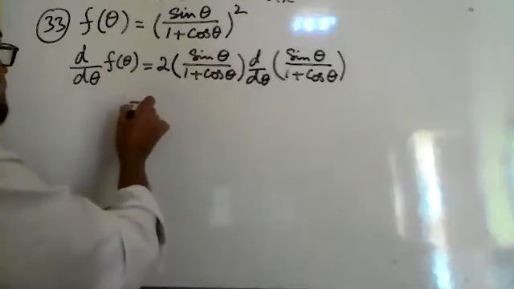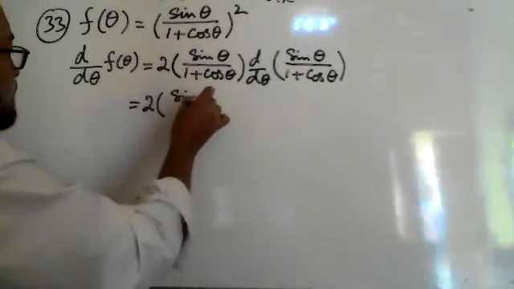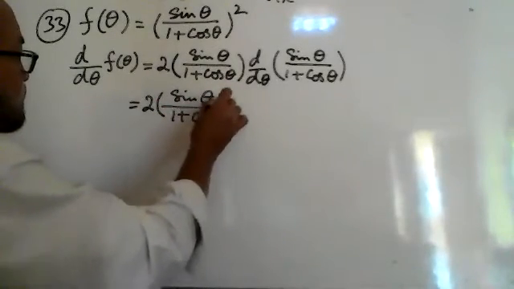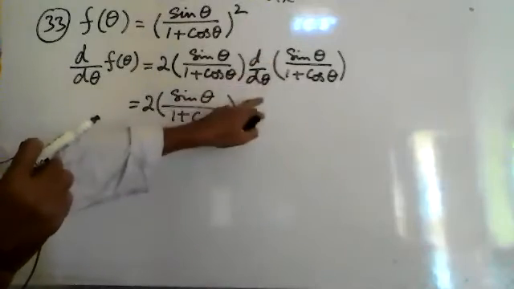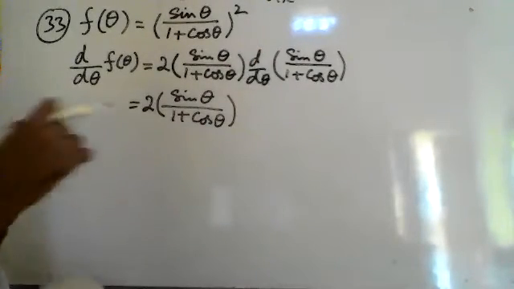It will become 2, now here we will take the derivative of this one. This is u upon v function.